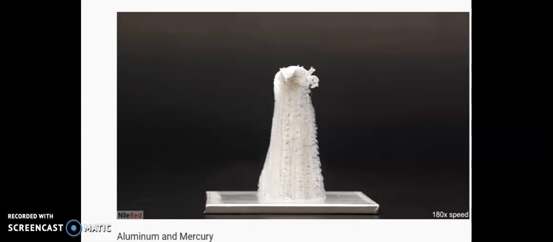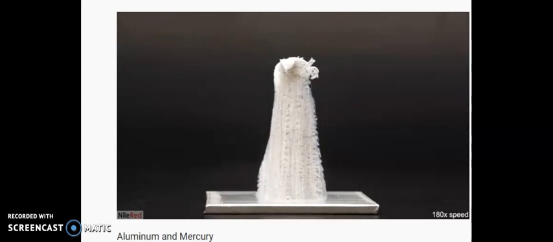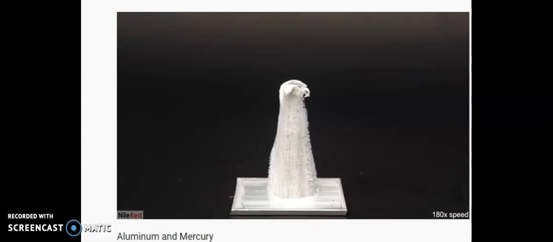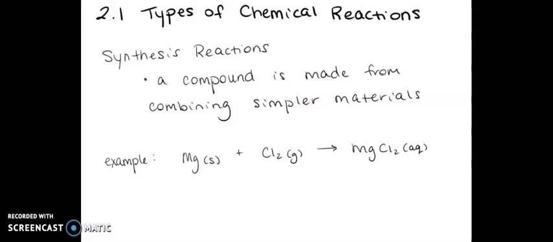So the aluminum and the mercury are combining to make something completely different than either one of those substances. So when we're talking about synthesis reactions, we're taking one substance, combining it with another substance to make something completely new.